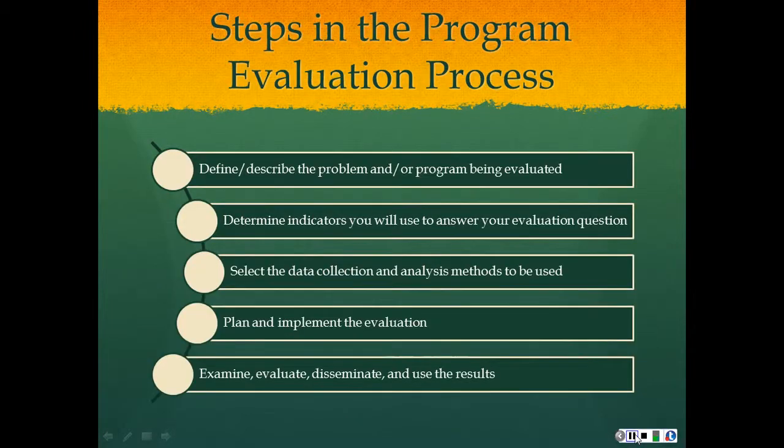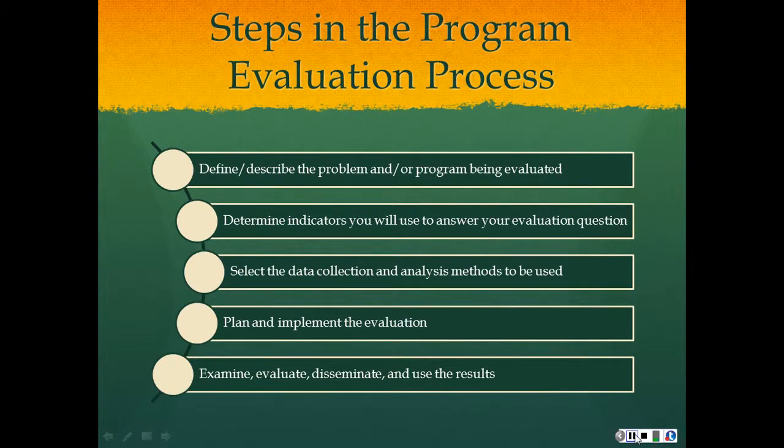First, you need to define or describe the problem or the program being evaluated. And then you need to determine what indicators you will use to answer your evaluation question. So how will you measure the success of your program? Then you need to select the data collection and analysis methods to be used. So you figured out how you're going to determine whether your program is successful.